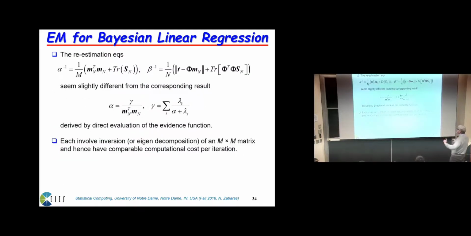And let me also say the following. These are the results that we had gotten with the old method. I remind you that these results had to be run iteratively to self-consistency because one result depends on the other, so you have to iterate the same way we do with the EM algorithm.